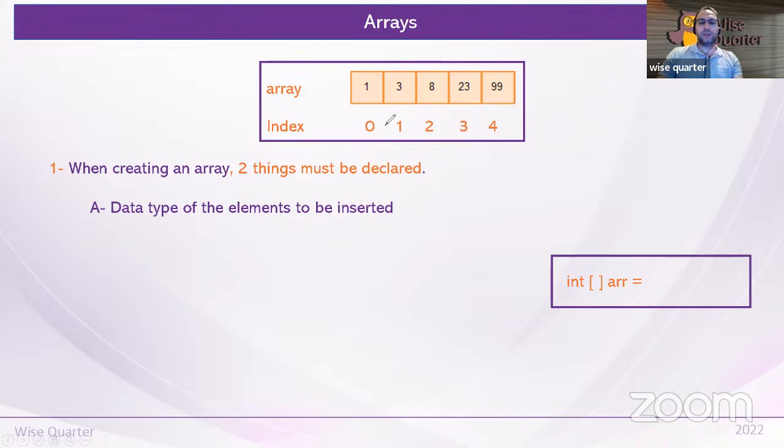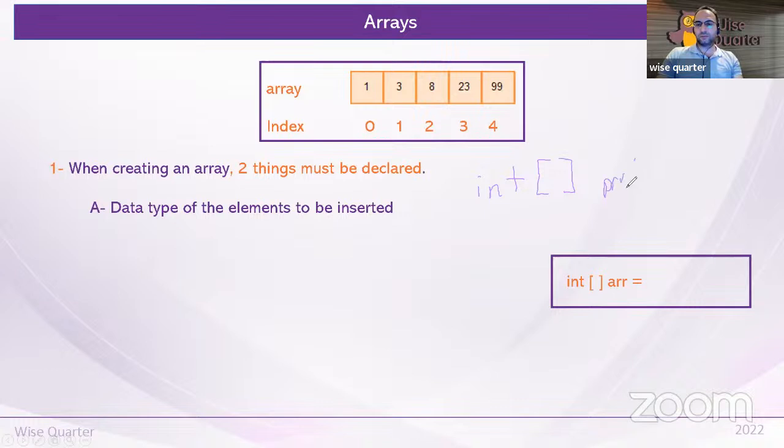As I told you, if you are planning to store numbers, you should write it like this. Integer, first thing will be the data type. When you put the symbols, square brackets, it means you are planning to create an array. And the name of the array, anything can be possible.